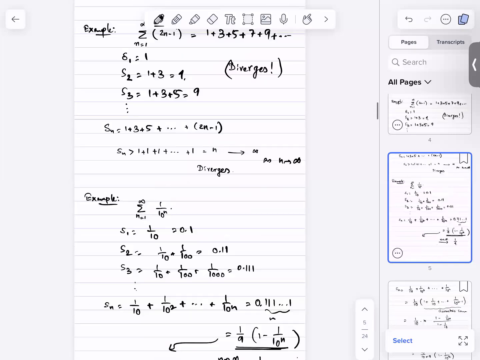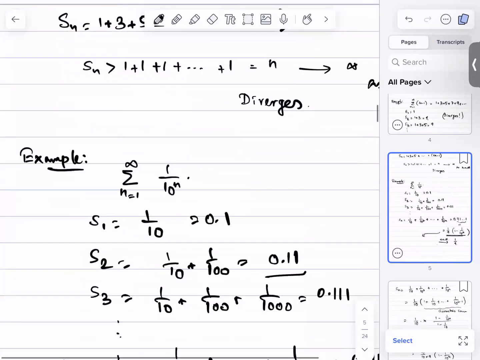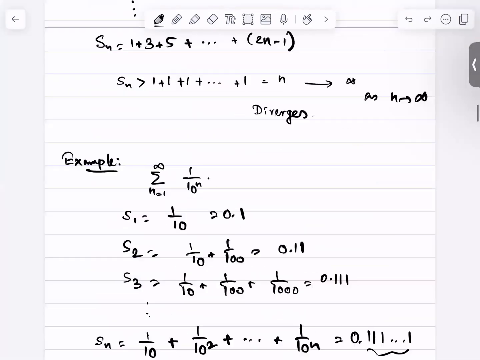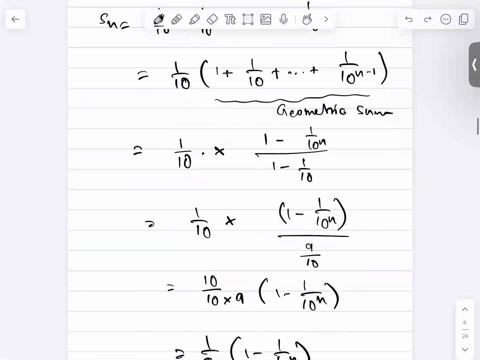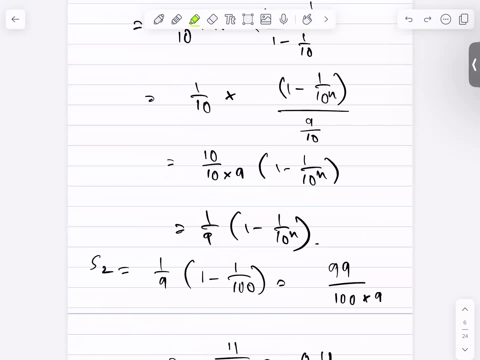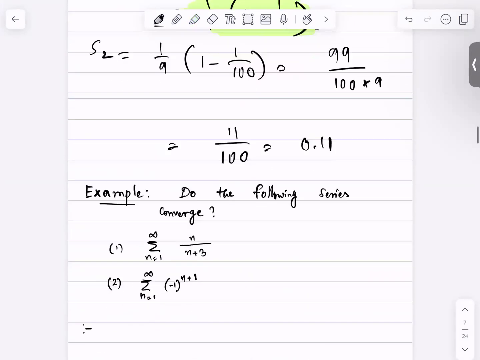And you can check that S2 is actually 0.11. So this is matching. Okay, so that's how we got the formula for the geometric sum. And as I said, it will come again later. So there you will get more about how we get the formula and stuff.